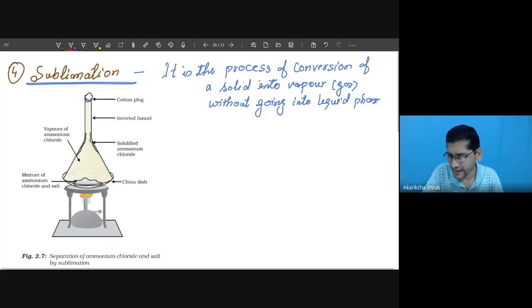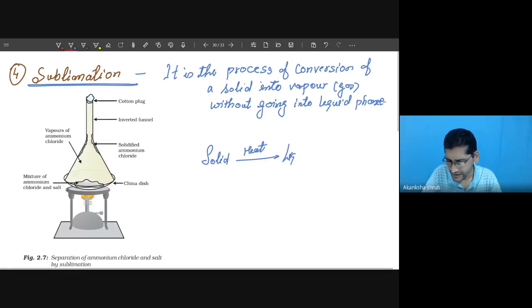Because you already know that if any solid is heated, it will melt into liquid. Most solids are first converted into liquid when heated, and this process of conversion of solid into liquid is called melting. But there are few solids which, if we heat them, directly convert into vapor.